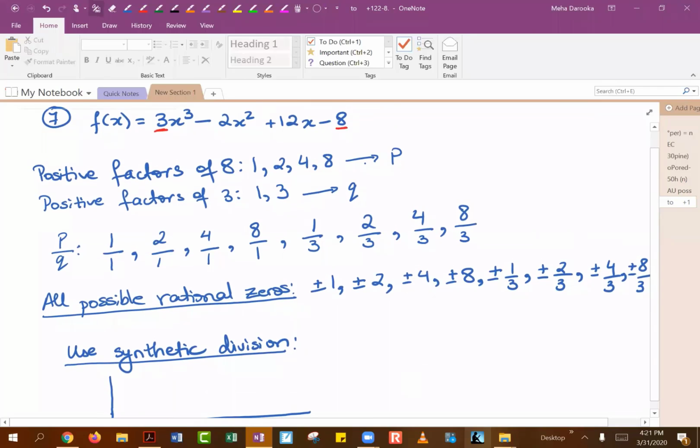So let me go ahead and write my polynomial coefficients here. So I've got positive 3 from my leading term. We've got negative 2 from the x squared term. I've got positive 12 from the x term, and then negative 8.